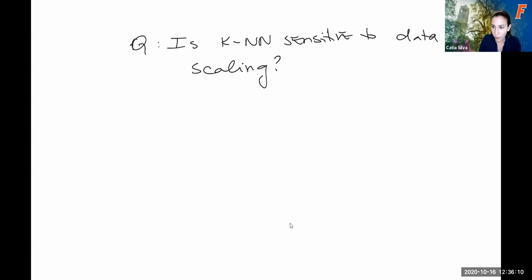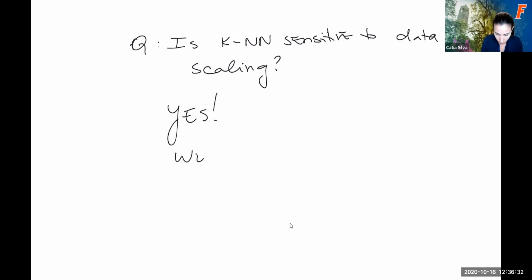And so when we're using K and N and K-means or any classifier in general, it's always a good practice to scale your data, okay? To make it such that the features have a finite range from 0 to 1, for example. Okay, so the answer is yes.